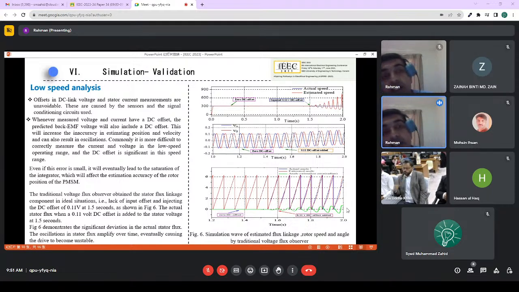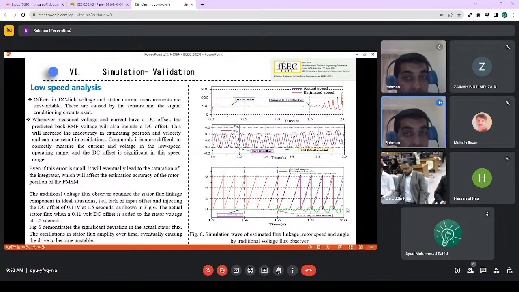Whenever we inject the DC offset signal, a voltage of 0.11 at 1.5 seconds, we see fluctuation in the estimated speed, we can also observe drift in the flux linkage, and we can observe large oscillation and instability in the angle estimation using the traditional flux observer.